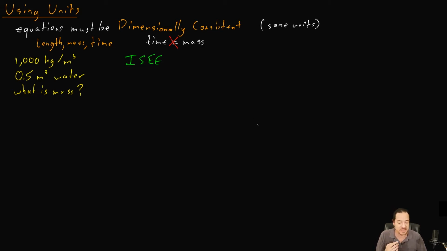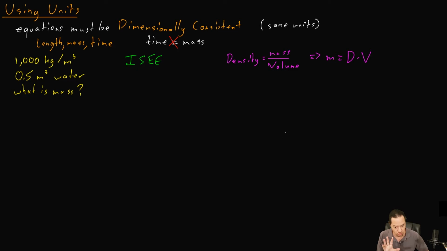So now when we set this up, we're going to figure out what kind of equation we want to use. Well, we know that density is equal to mass over volume. So we can rearrange this to solve for mass, which is what we want to know, where mass is equal to density times volume.